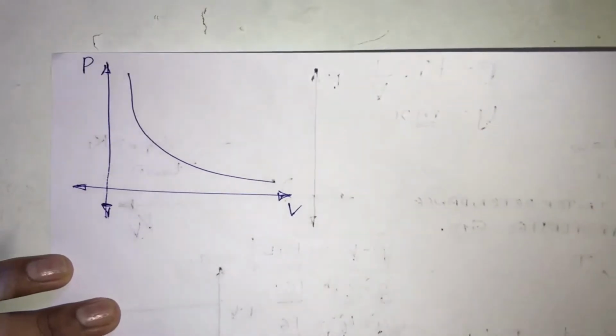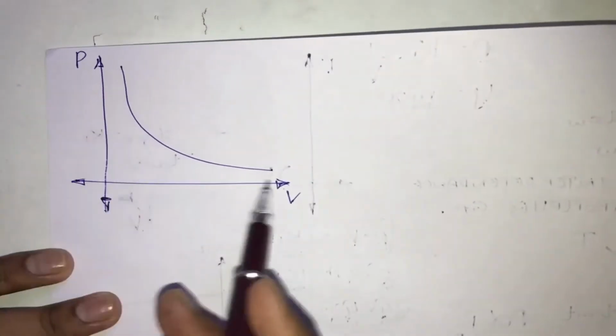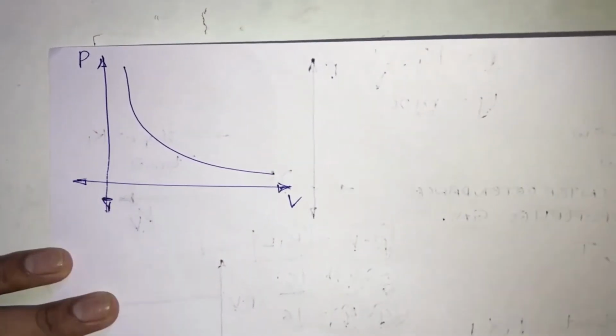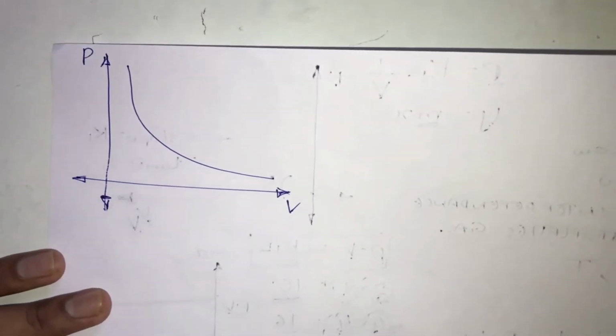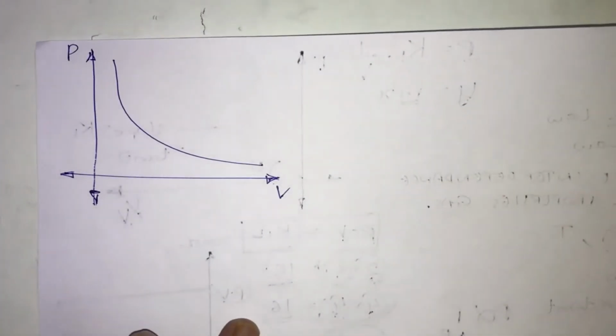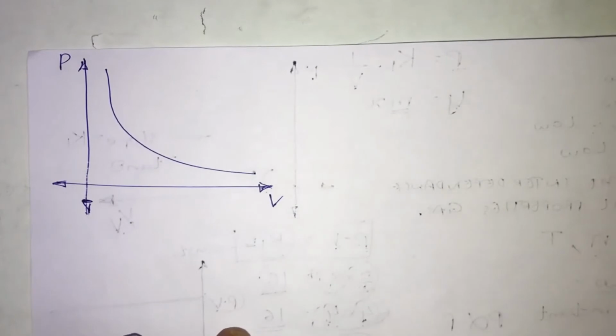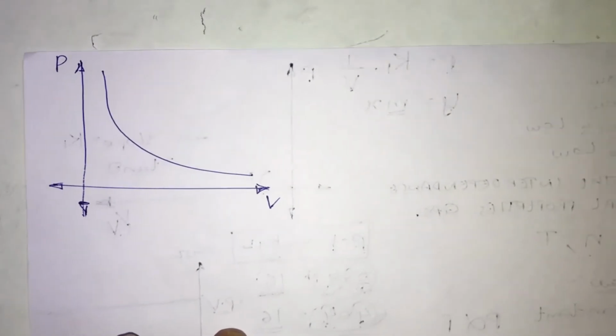So whenever you plot pressure by volume keeping number of moles and temperature constant, you are always going to get this curve. You can see this curve in a textbook also. Okay, so I hope guys till here everything is clear for you.